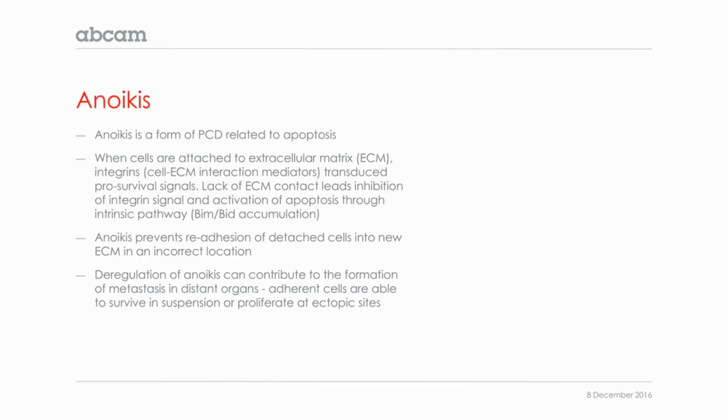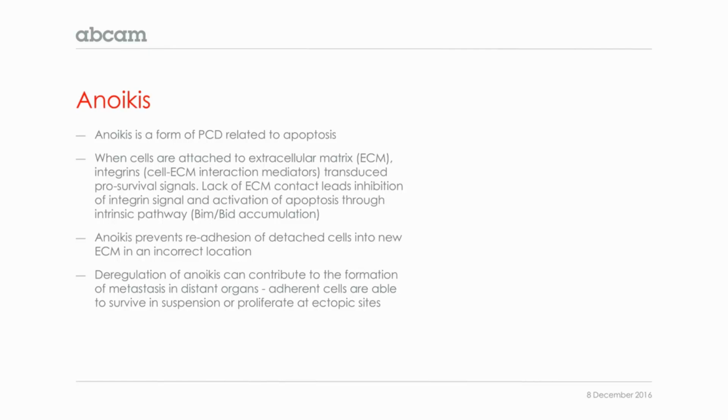When the interaction with the extracellular matrix is lost, this pro-survival signal is inhibited and the intrinsic apoptotic pathway is activated, probably through Bim and Bid accumulation, but this process is not yet clearly understood.